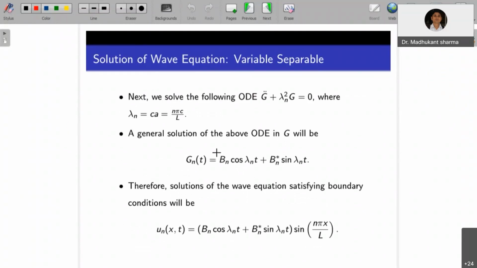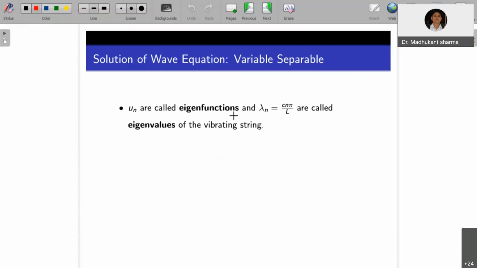Since these arbitrary constants can also depend on n, c1 and c2 are replaced by B_n and B_n star. So the solution of the wave equation satisfying boundary conditions will be this, because so far we have not incorporated the initial conditions. These u_n are called eigenfunctions, and these lambda_n are called the eigenvalues of the vibrating string. The set of eigenvalues is known as the spectrum.